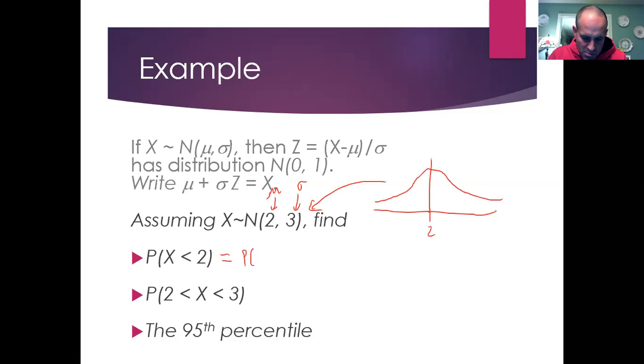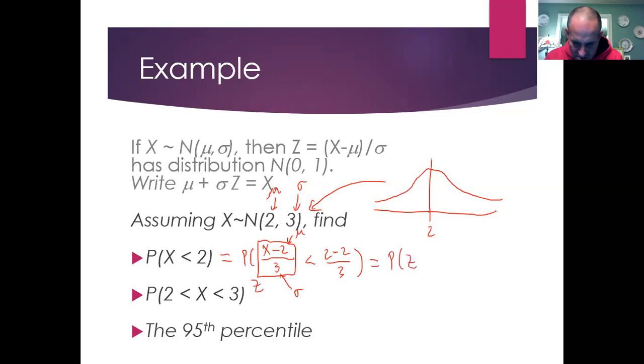So this is the probability that x minus 2, subtract the mean, over sigma, which is 3, is less than, and I do the same thing to the right-hand side, 2 minus 2 over 3. And incidentally, this right here, that's z, isn't it? So this is the probability that z is less than 0, which we know is 50%.